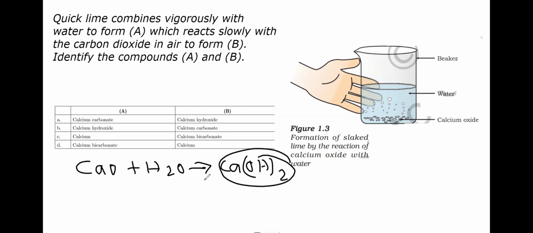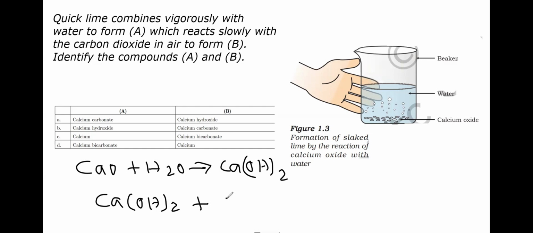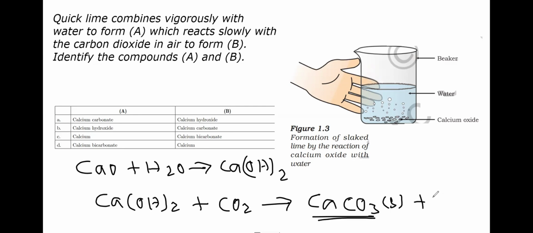Now this slaked lime, when exposed to the atmosphere, slowly reacts with carbon dioxide present in the atmosphere to form a new compound called calcium carbonate, CaCO3. This thin layer is responsible for giving a shiny finish to the wall, and what is released here is water vapor.